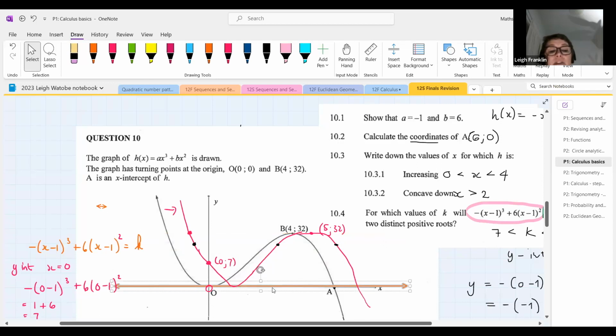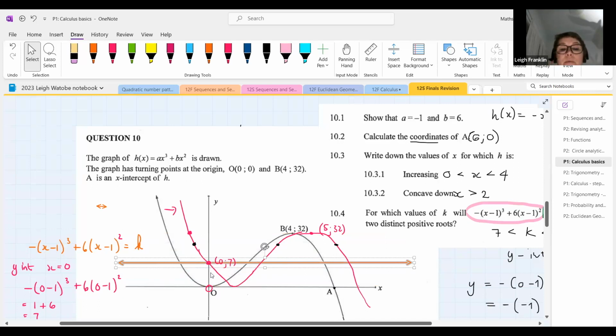Okay, so that's not going to work because I want 1 negative root and 2 distinct positive roots. So I cannot go past the y-intercept because when I get to the y-intercept, my negative root becomes 0. So my line has to hover somewhere between my maximum and my y-intercept for there to be 1 negative root and 2 distinct positive roots.